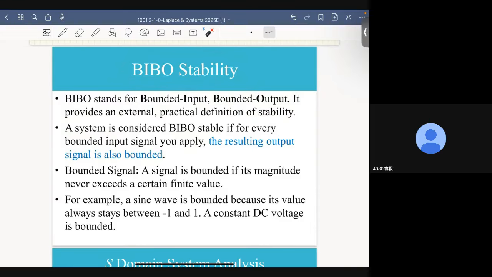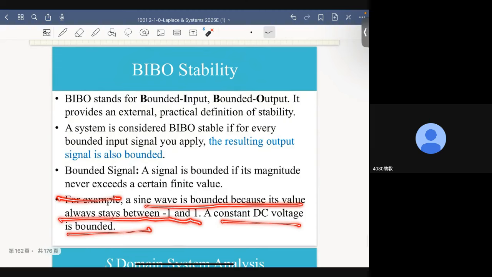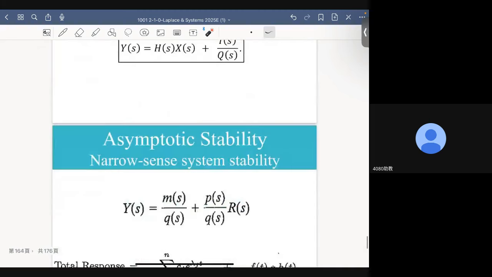Okay? All right. For example, a sine wave is bounded because its value is always between -1 and +1. A constant DC voltage is also bounded.